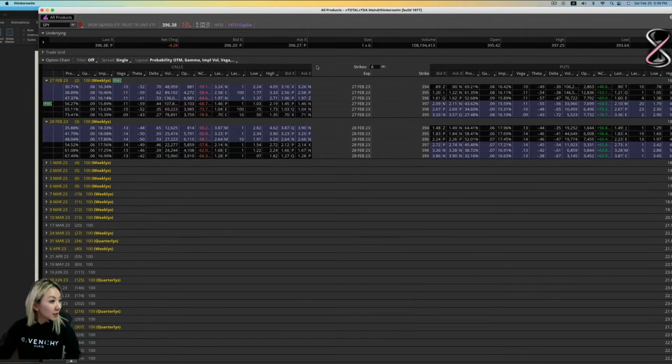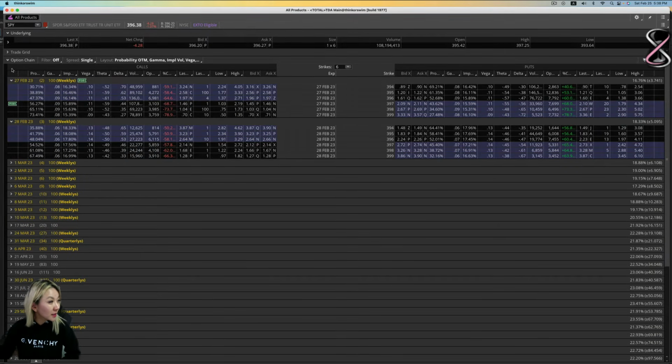Okay, so here's the shorter term, right? Theta is the time decay. So on this option, it has 59 cents. So that means if SPY does nothing today, then by default, your options premium that cost $1.45 is going to be $1.45 minus 59 cents. So that's going to take it to what?